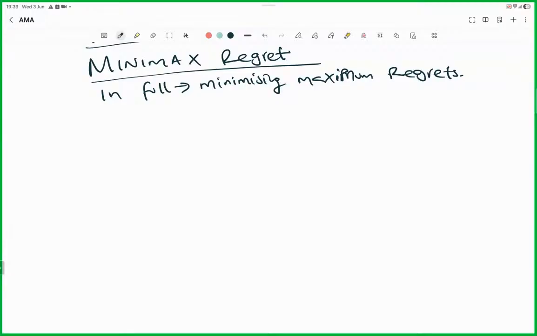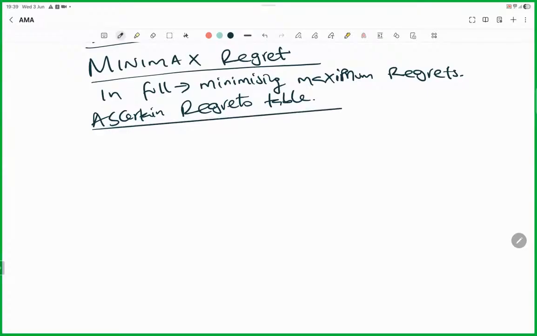So step number 1, you must ascertain a regrets table. You must give us what we call a regrets table. So come here and give us a regrets table.